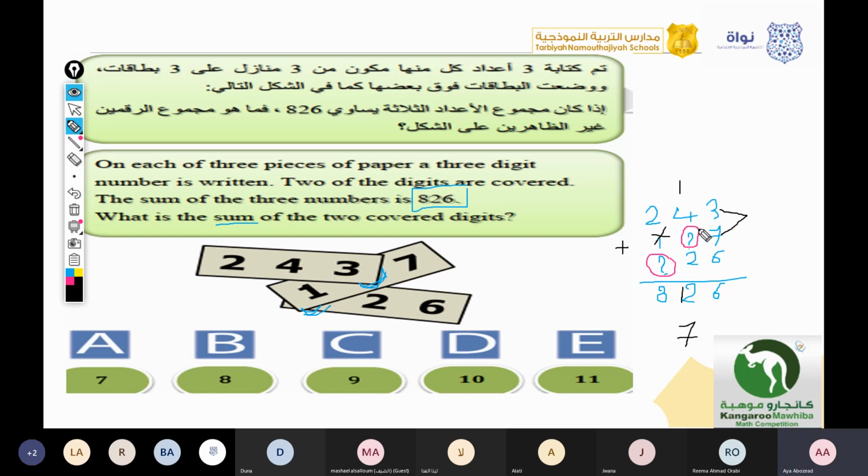Now how many do you need more? 7 plus how many gives you 12? 7, after 7: 8, 9, 10, 11, 12. So how many more do you need? 5. So the first missing number is 5.